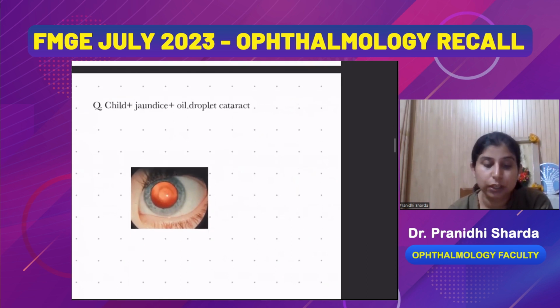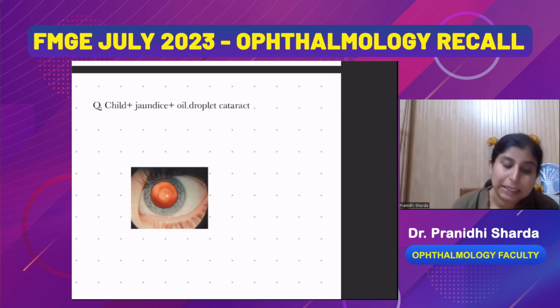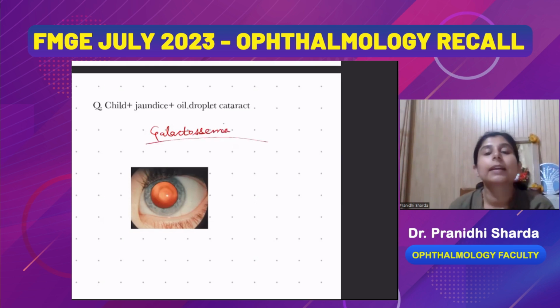Next, the full statement of the question is not available, only 3 words, and I think they are sufficient for the diagnosis: child plus jaundice plus oil droplet cataract. Even the last word is enough: oil droplet cataract, or even the image if it was there. So oil droplet cataract, we know that it is seen in galactosemia, in galactokinase and GALT deficiency, galactosemia.